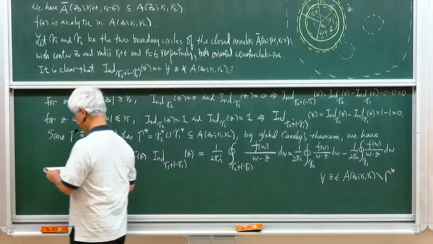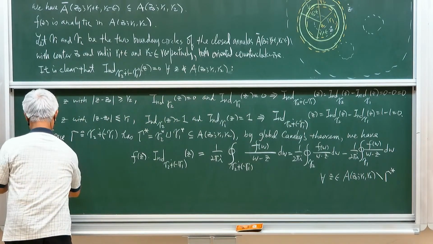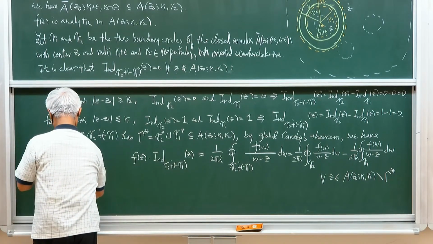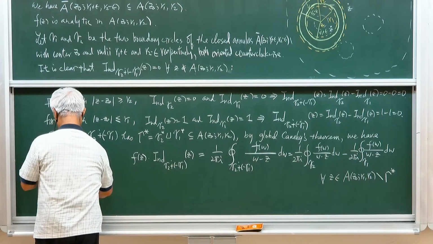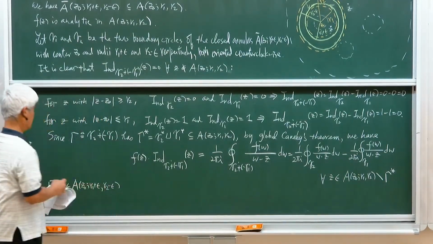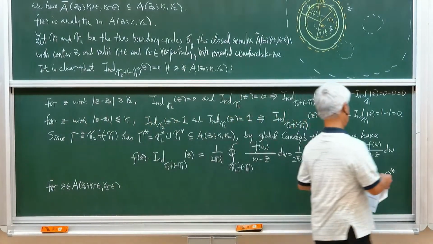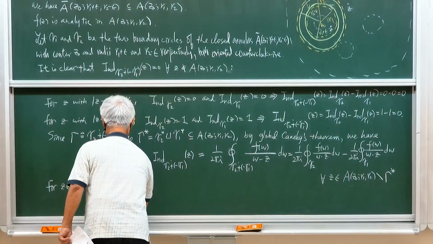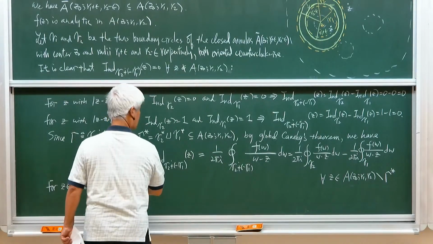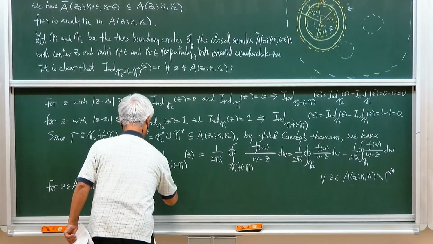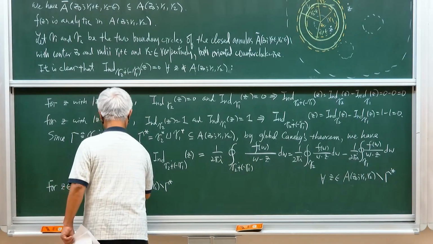So for z in the green open annulus, because the green open annulus is in here, we know this is contained in the yellow open annulus minus gamma star. Okay, so we know that.